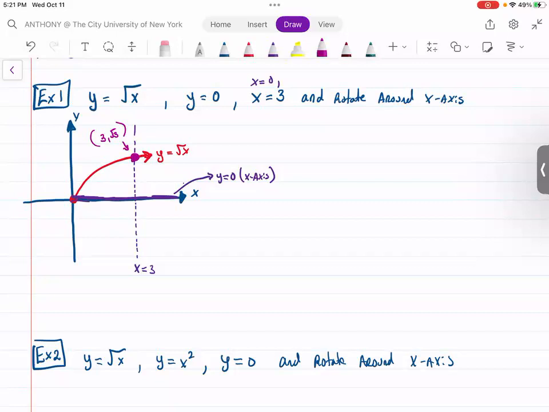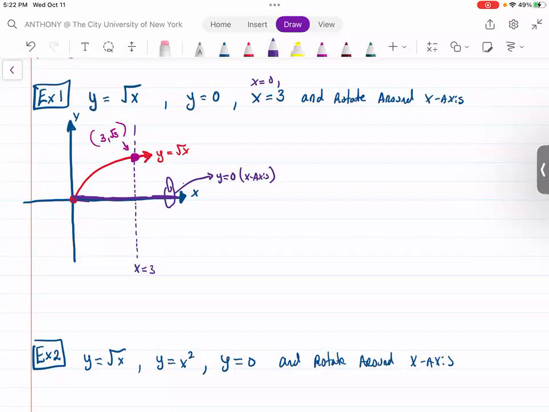Well, the problem says that we are rotating this around the x-axis, right? So my bad, I was trying to do something that looks 3D, but it's totally not. The way that I try to show that I have a volume problem is I reflect y equals the square root of x about the x-axis.